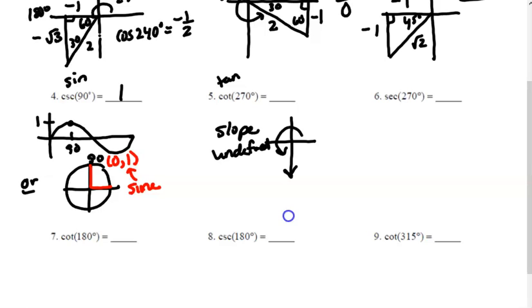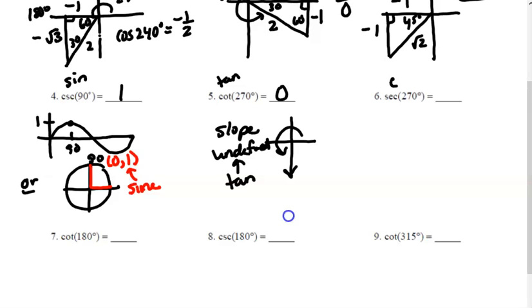Slope is undefined, but that's tangent. So if tangent is undefined, then cotangent is 0. I could picture my cotangent graph, but I find it personally easier to picture slope and then realize that wherever tangent is 0, cotangent will be undefined, or wherever tangent is undefined, cotangent will be 0.